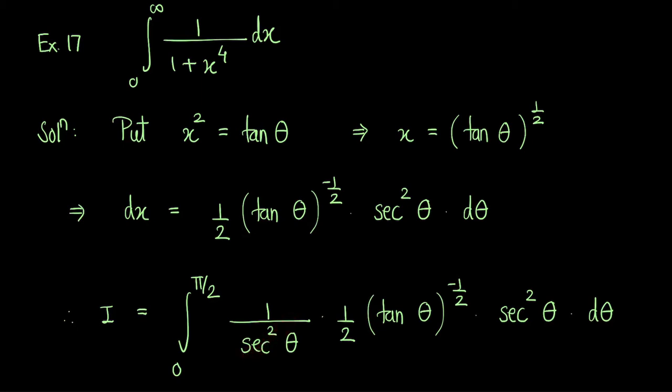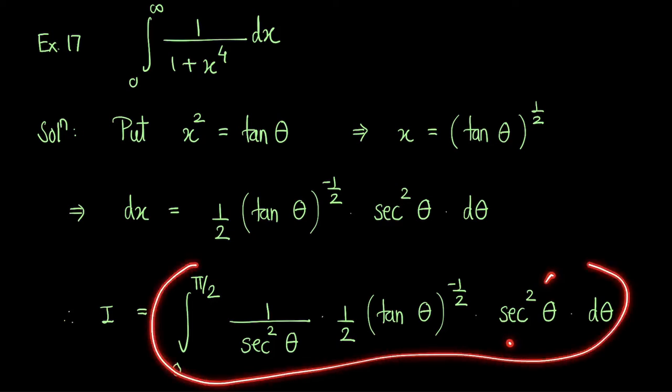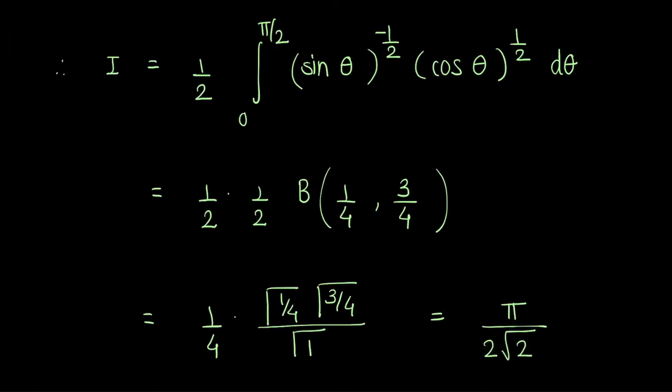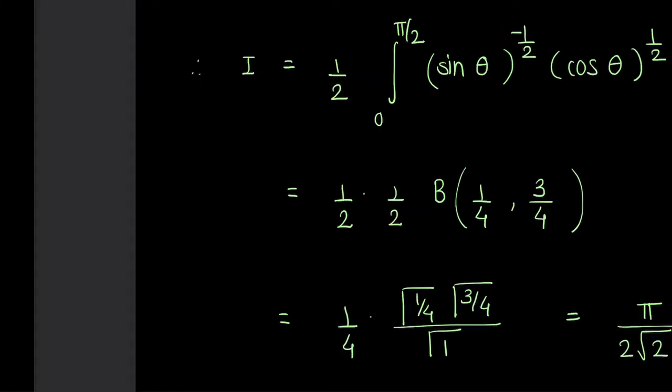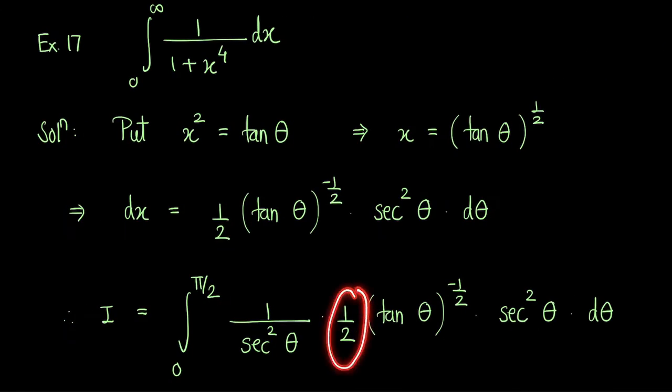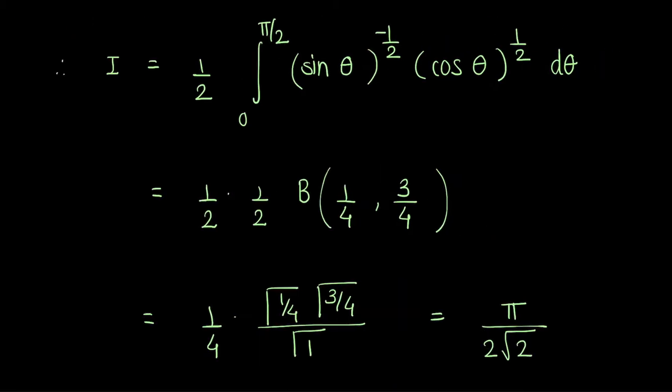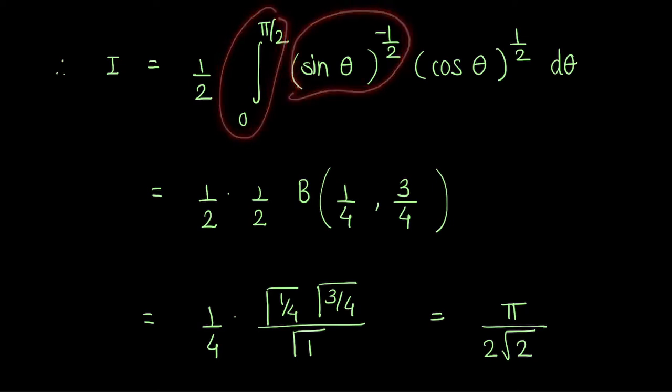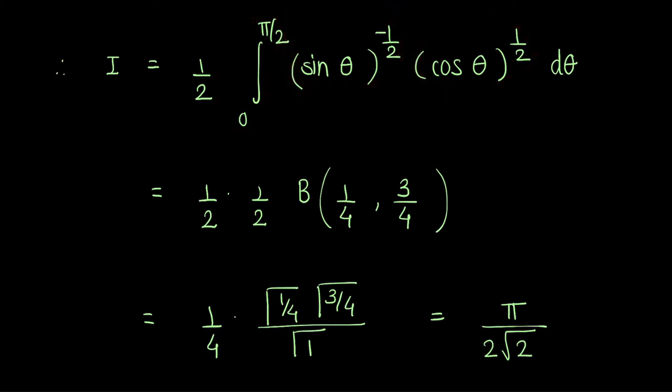Now this sec square theta gets cancelled. Therefore this integral reduces to 1 by 2, that is this 1 by 2, and we know that tan theta is sine upon cos. Therefore, the value of the integral will be 1 by 2 integration 0 to pi by 2 sine theta raised to minus 1 by 2 cos theta raised to 1 by 2.